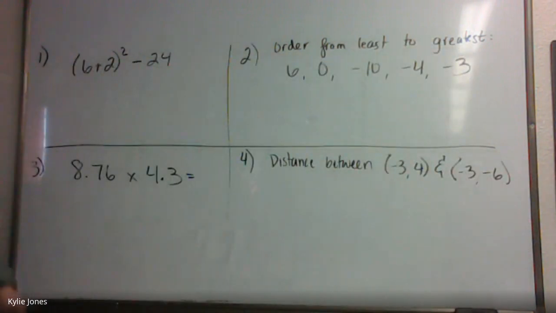And then number 4, find the distance between ordered pairs, which is what we did last week. So, can everybody see all that? Go ahead and take about 5-7 minutes. A little bit of time.